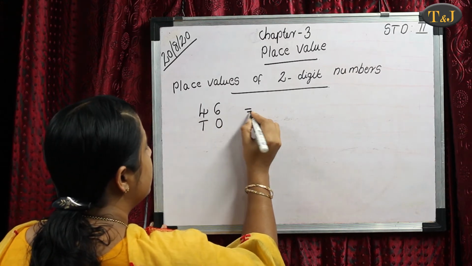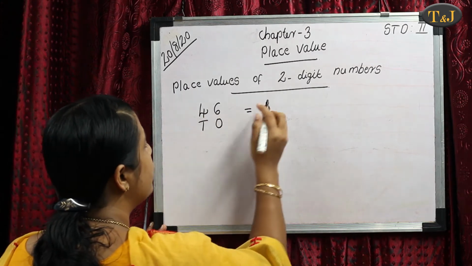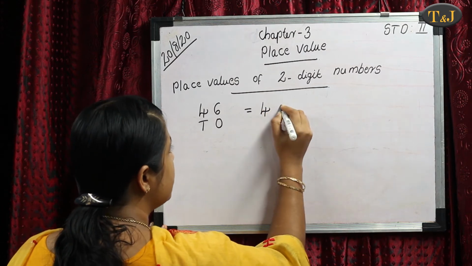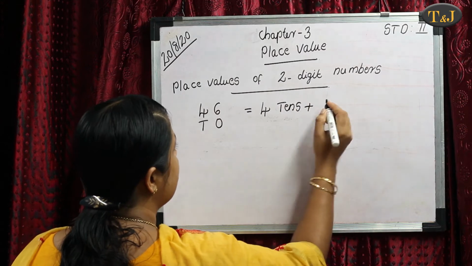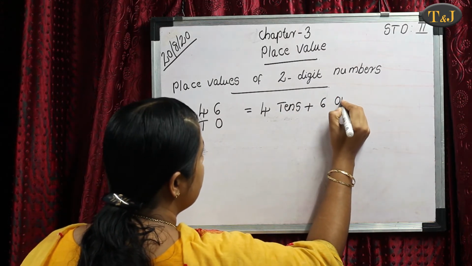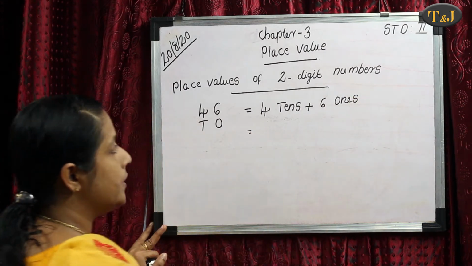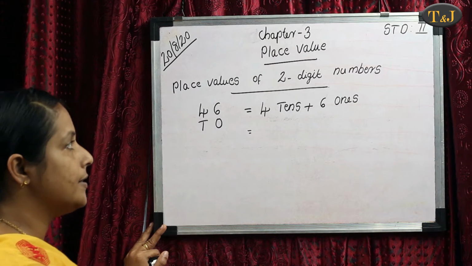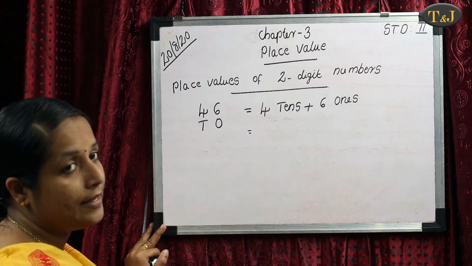Next we write the values. First we write the value 4 and its place, tens: 4 tens, plus the next number, 6. 6 is in ones place, so we write 6 ones. We already learned in our previous classes that 1 ten is 10, 2 tens are 20, 3 tens are 30.